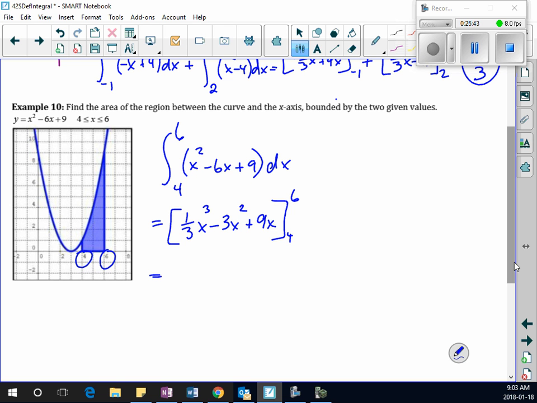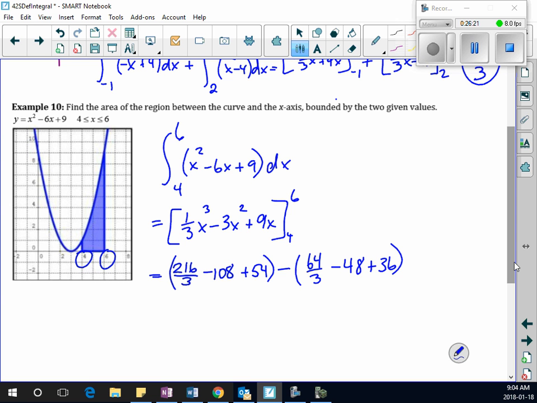So we get 6 cubed, which would be 216 over 3. I'm going to leave it like that because I know I'm going to get another over 3 answer just in case. So 6 goes in, 6 squared is 36. 36 times 3 is minus 108 plus 54, and then I'm going to subtract. 4 goes in, I get 64 over 3, minus 4 goes in, that's 16 times 3 is 48. 4 goes in, and I get plus 36.